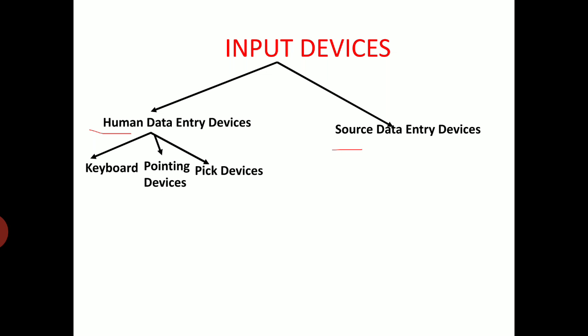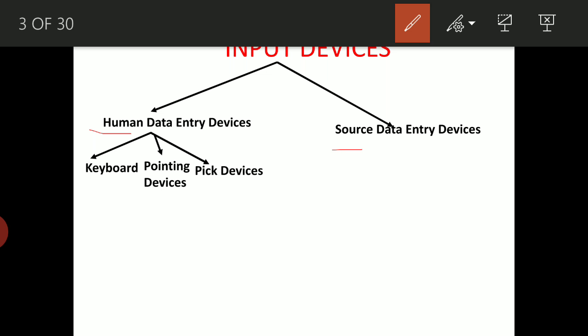Human data entry devices can be classified into three. One is the typing device, which is a commonly used input device, the keyboard. The next one is the pointing device, which can be used for pointing to different locations on a computer screen. The next one is pick devices.